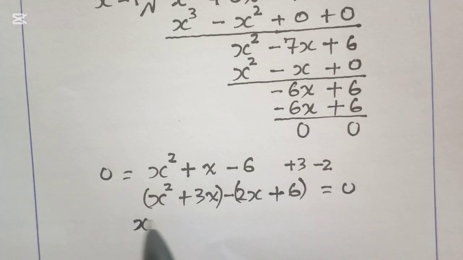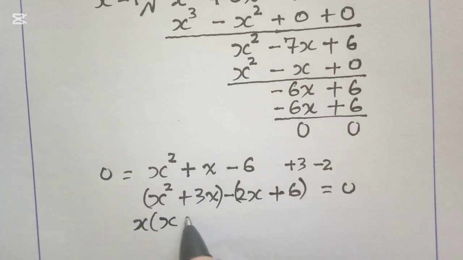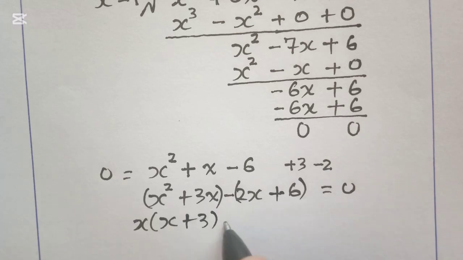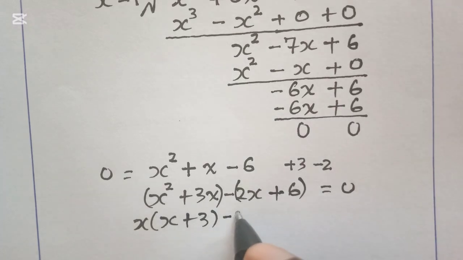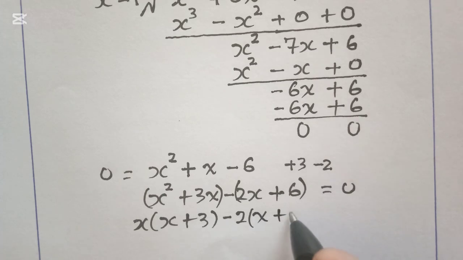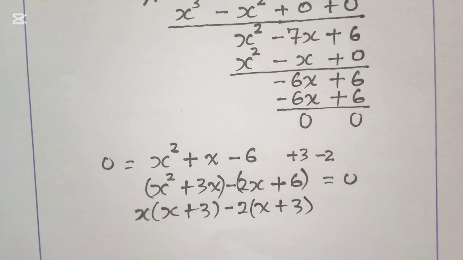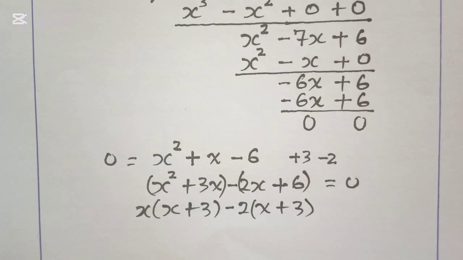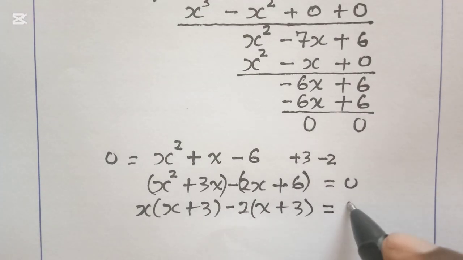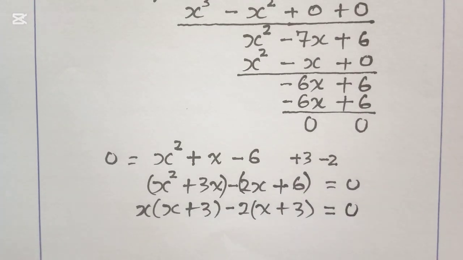If we factor out x, then here we are left with x plus 3, like that. And this other side we factor out 2. We are left with x plus 3. So this one now is going to be equal to 0.